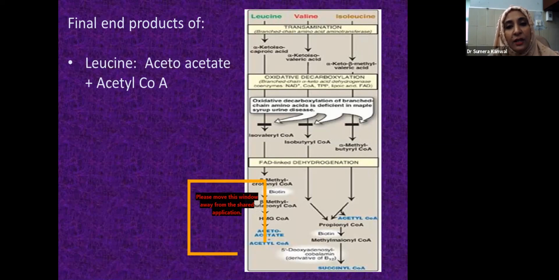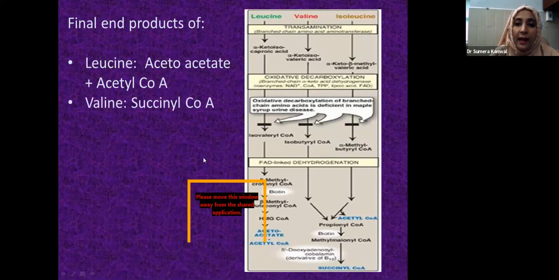The valine, after transamination, oxidative decarboxylation, and dehydrogenation, is further catabolized into propionyl-CoA. Again, in the presence of biotin, B7, it gives succinyl-CoA. The end product of valine catabolism is succinyl-CoA.